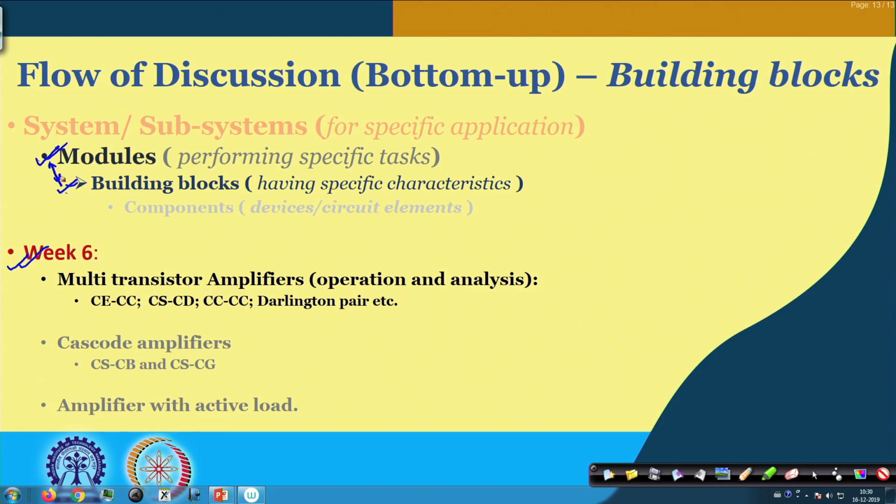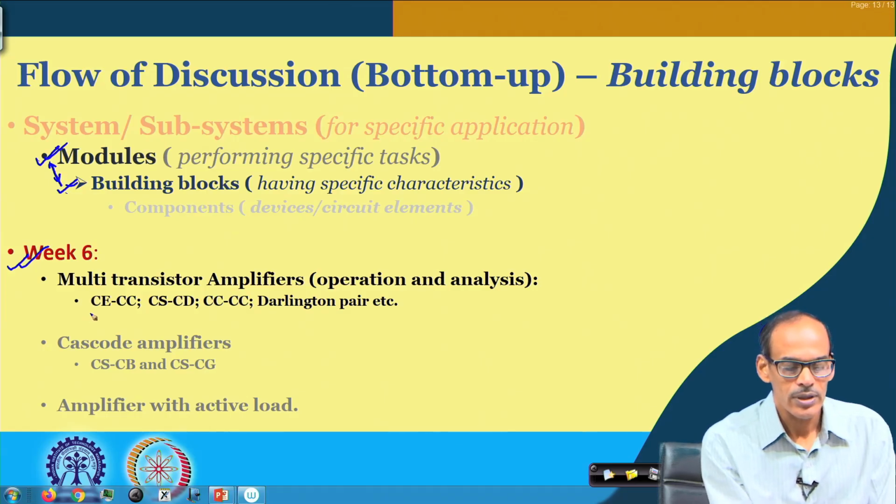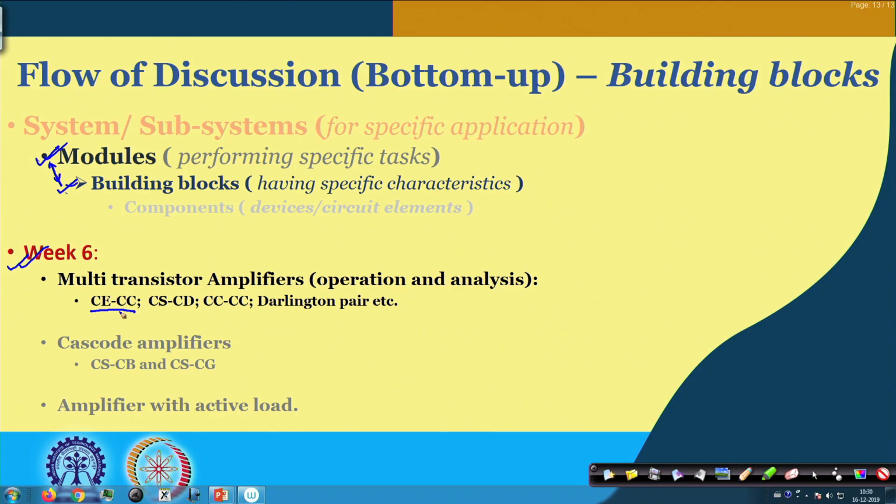To be precise, the topics we will discuss here are common emitter and common collector cascaded together, then common source and common drain configurations cascaded together, then common collector and common collector cascaded together, and so on. Similarly the Darlington pair.